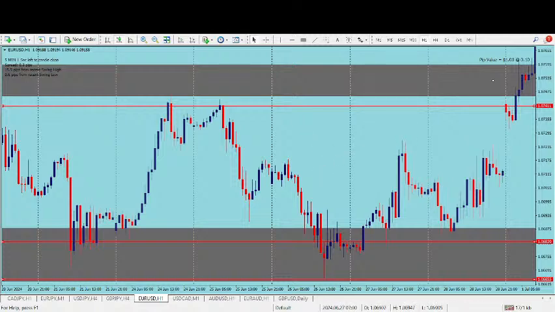So 59 divided by $18, our loss, assuming it goes against us. Wow, this is 3.2.